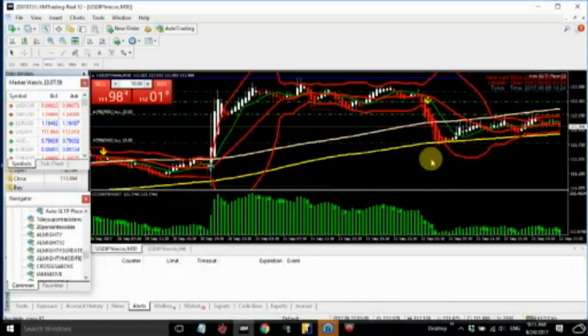Now let me tell you, when you apply this Bollinger Band period 20 on the 4-hour time frame, there is only one characteristic. The price is either trending on the upper band of that Bollinger Band, if the moving average 200 is trending up.